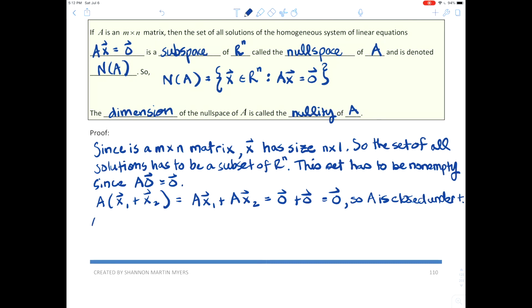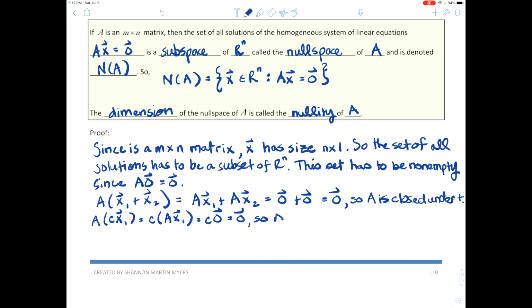All right, how about A times a constant times a vector x1? Well, what would that equal to? Beautiful, we can bring the constant out and have the constant times A times x1. But what is that equal to? Beautiful. C times the 0 vector, which is going to give us the 0 vector.